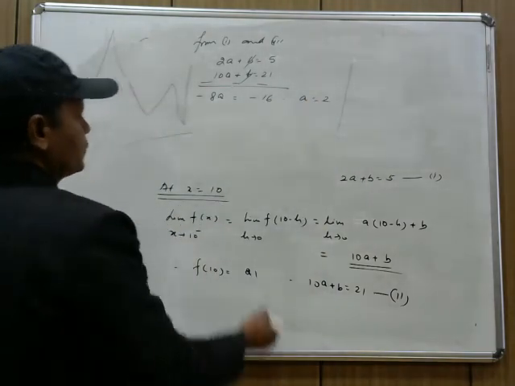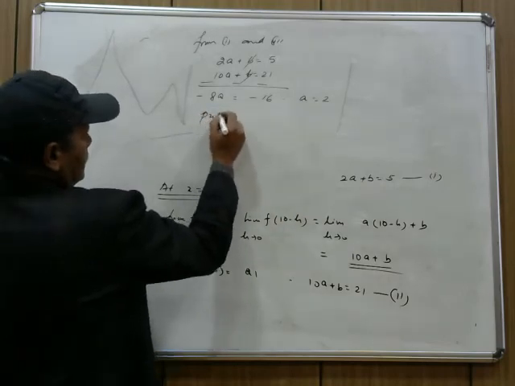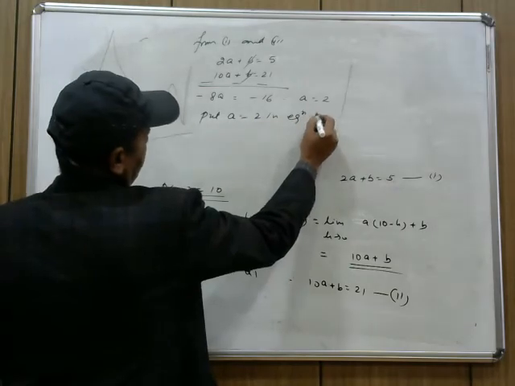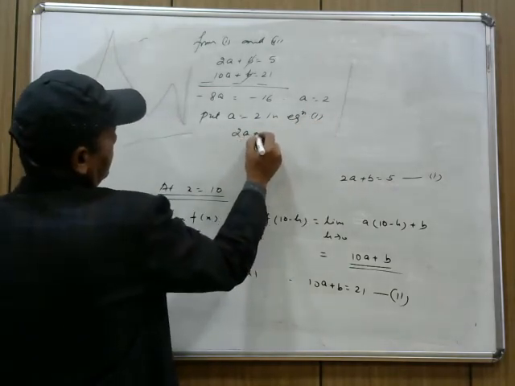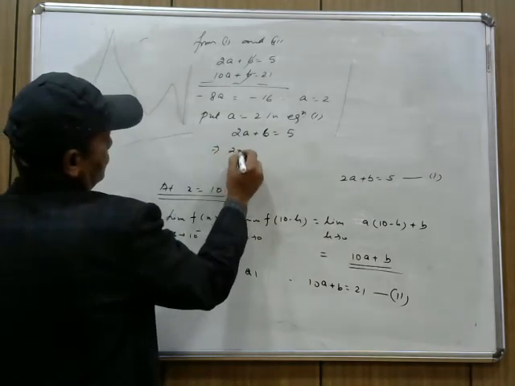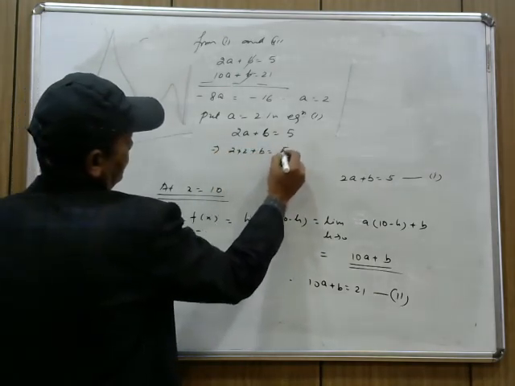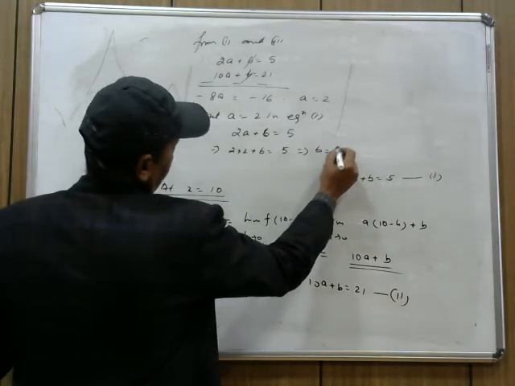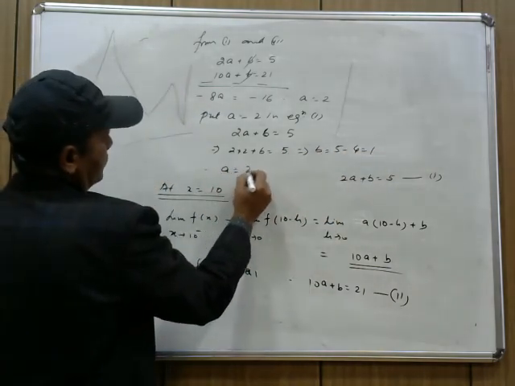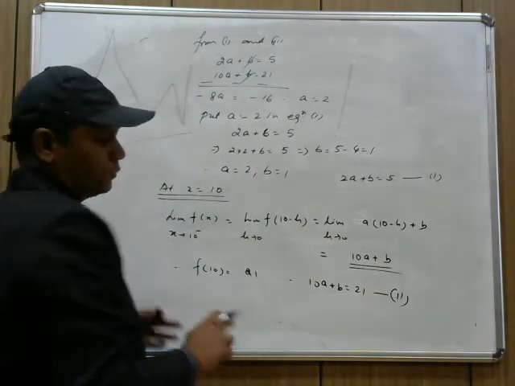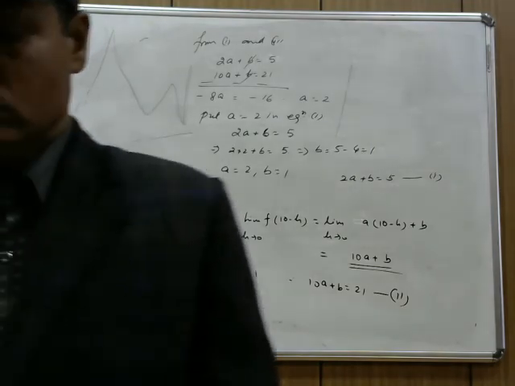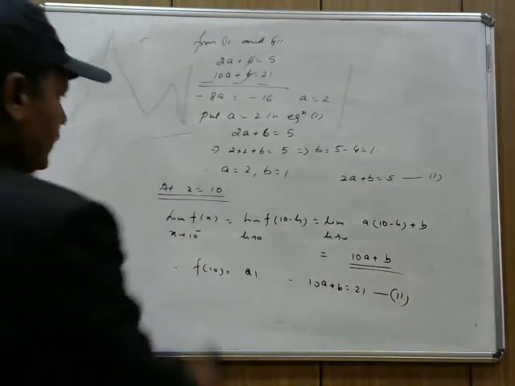Put a equal to 2 in equation 1: 2 into 2 plus b is equal to 5. It implies that b is equal to 5 minus 4, which is 1. Therefore, a is equal to 2 and b is equal to 1.